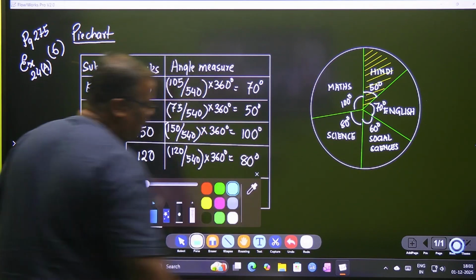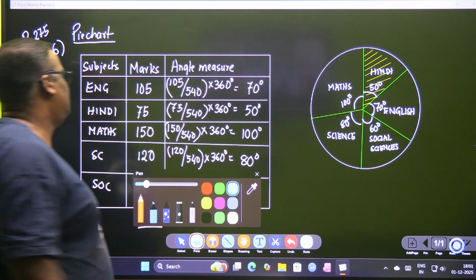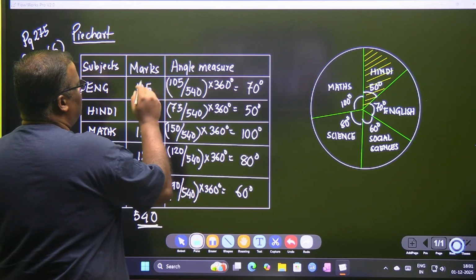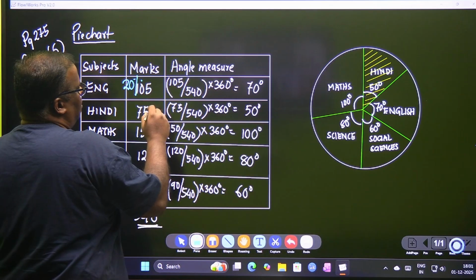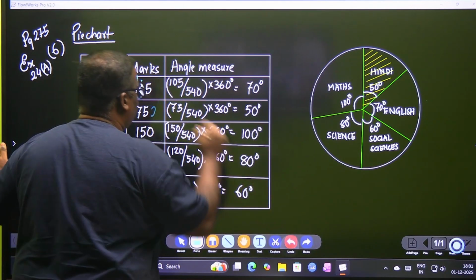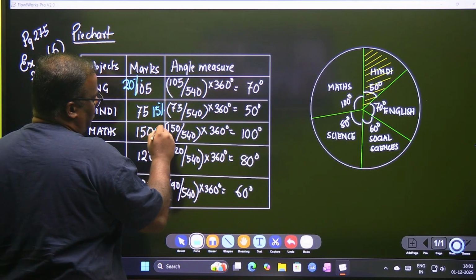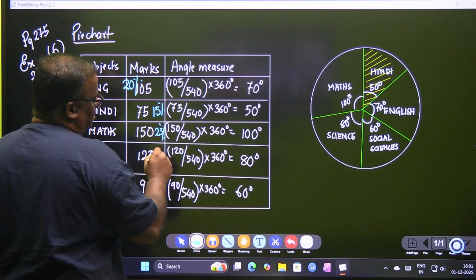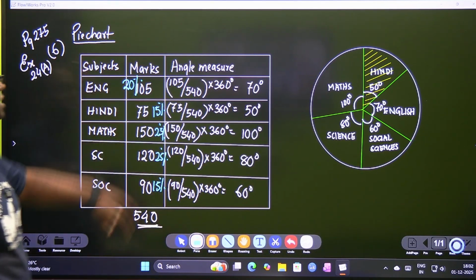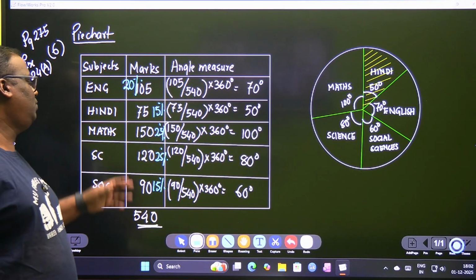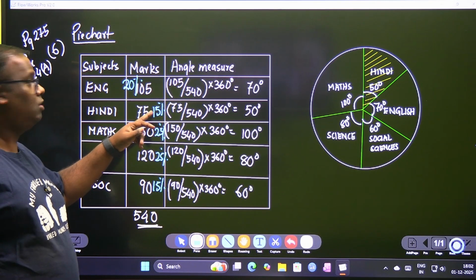Suppose a percentage problem is given: this is 20%, this one is 15%, this is 40%, and this one is 25%. Add them and first see whether you are making 100 or not. 20 plus 15 makes 35.